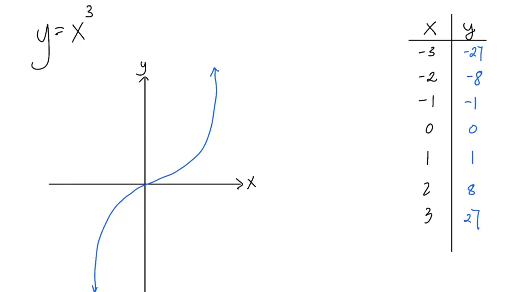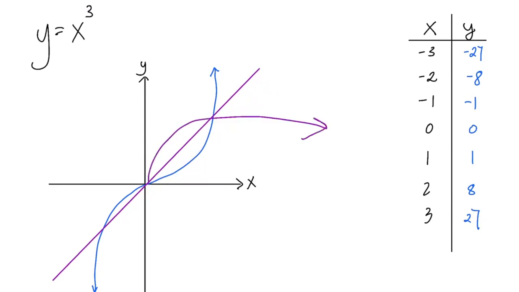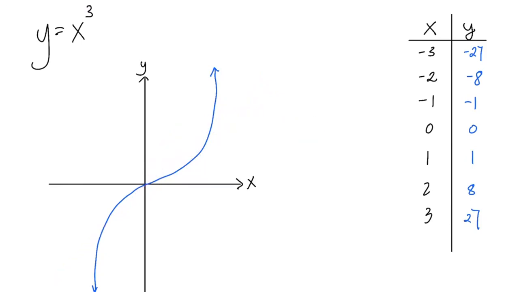Some of you may guess that it is reflected over y equals x. Well, if it's reflected over y equals x, then there will be a graph going this direction. But that's not the case. So it's not reflected over y equals x. Well, it's reflected over the origin.